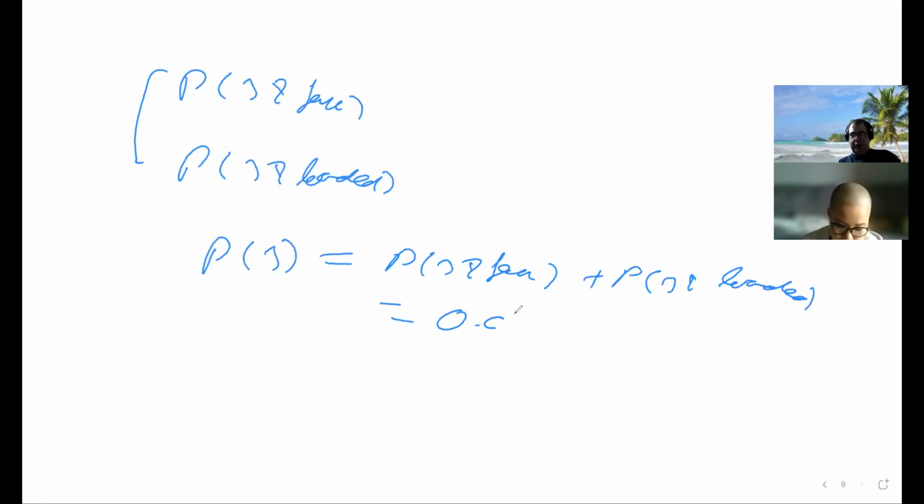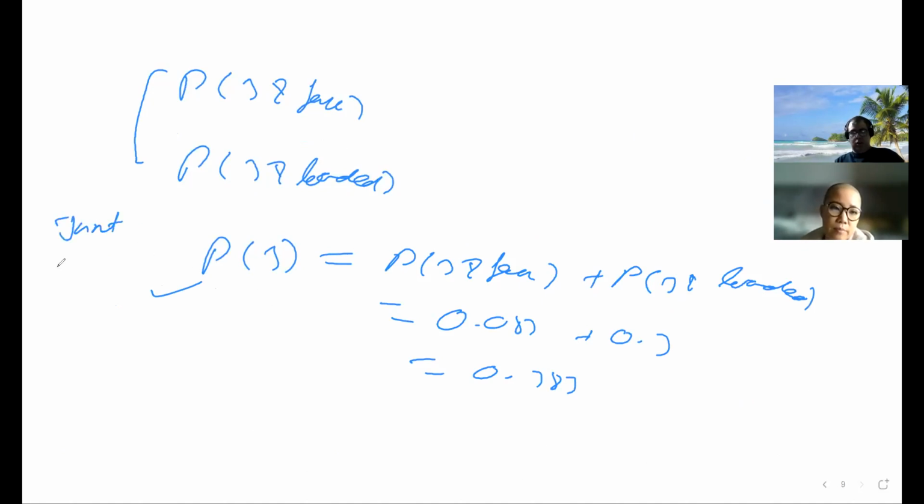This is 0.083 and this is 0.3, so P3 is 0.383. These are joint probabilities, and from them we found the probability of 3.